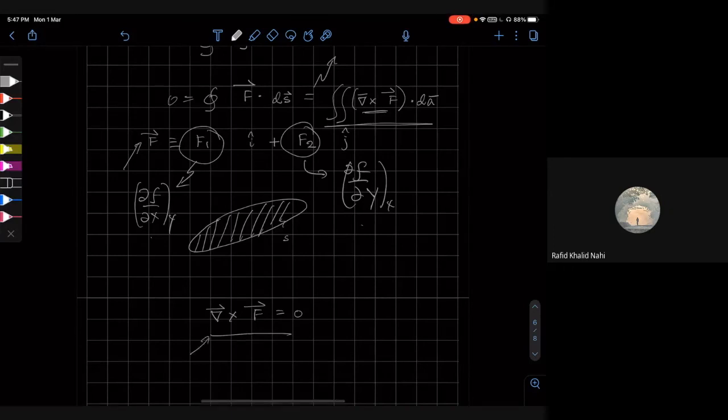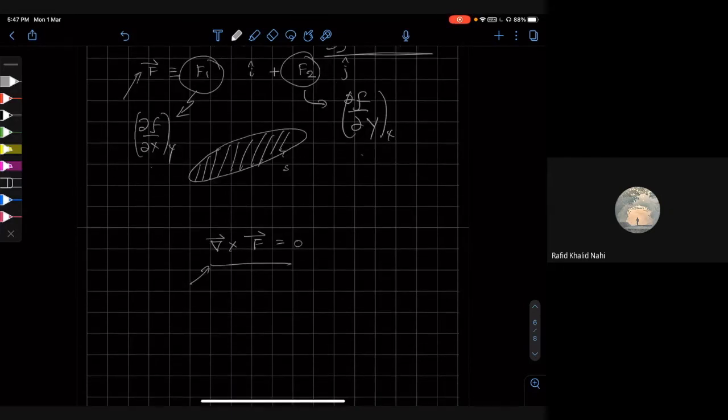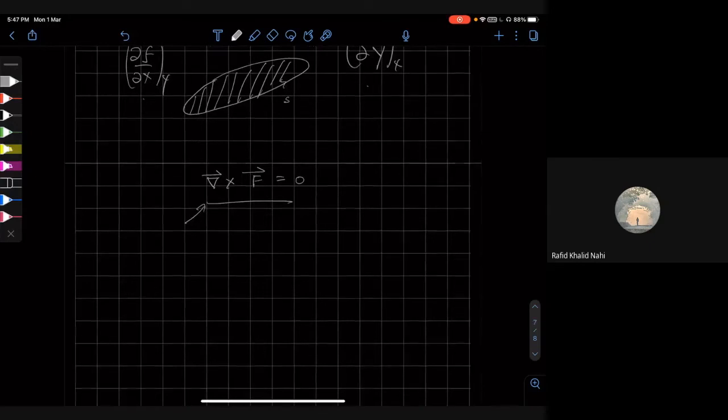Now we can write out what the curl of f is, and you know that this is going to give you the following identity: del f1 del y is going to be equal to del f2 del x, right? This is what each component of this curl is going to be.